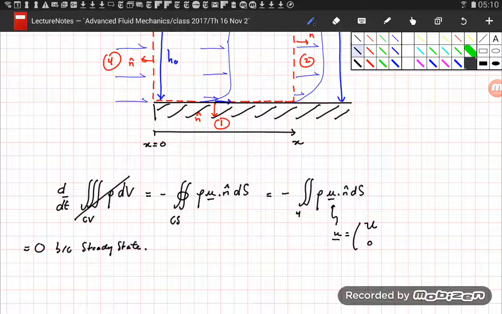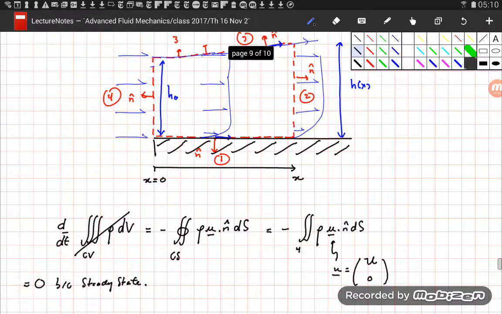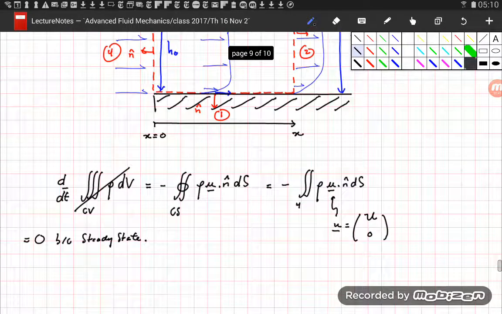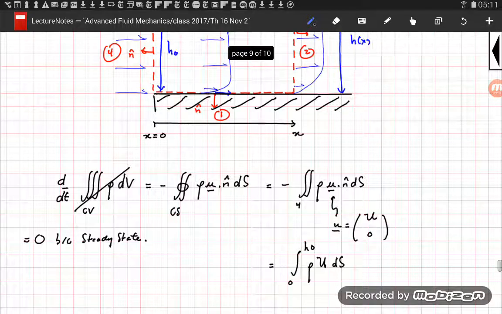It's capital U, 0, and n is minus x. So this whole thing, u dot n, will be minus U. So this is equal to the integral from 0 to h naught of rho U ds.